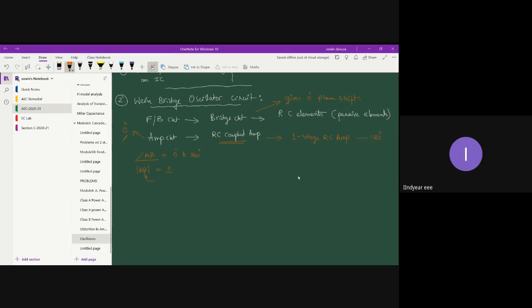You have already seen that in the RC phase shift oscillator. So a single stage gives 180° phase shift, but you want your phase shift to be 0°. So how do you compensate for this? Can anyone tell me?